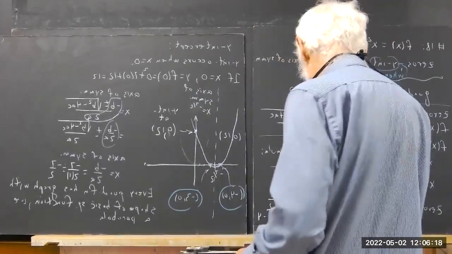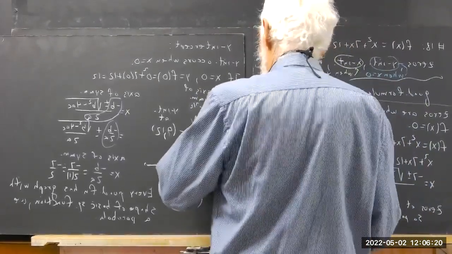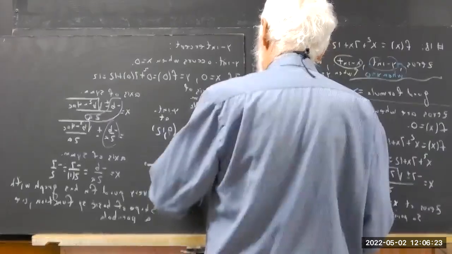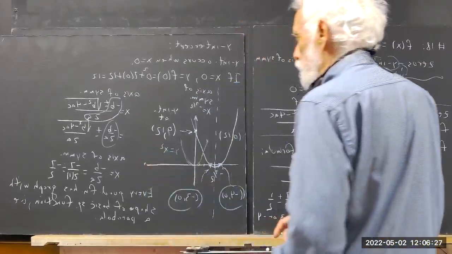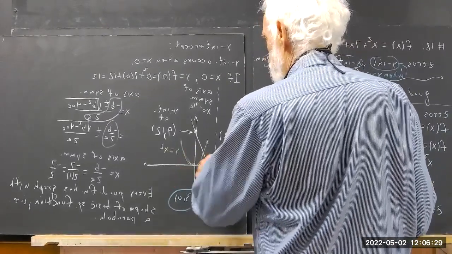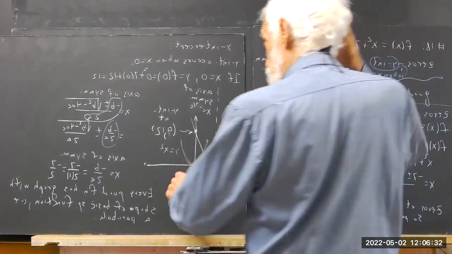And use a different color. And the y equals x squared graph here. You move it over and move it down a little bit.